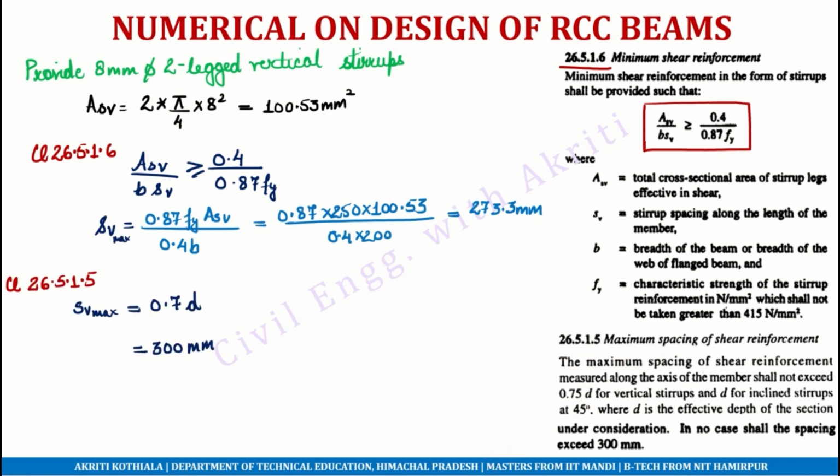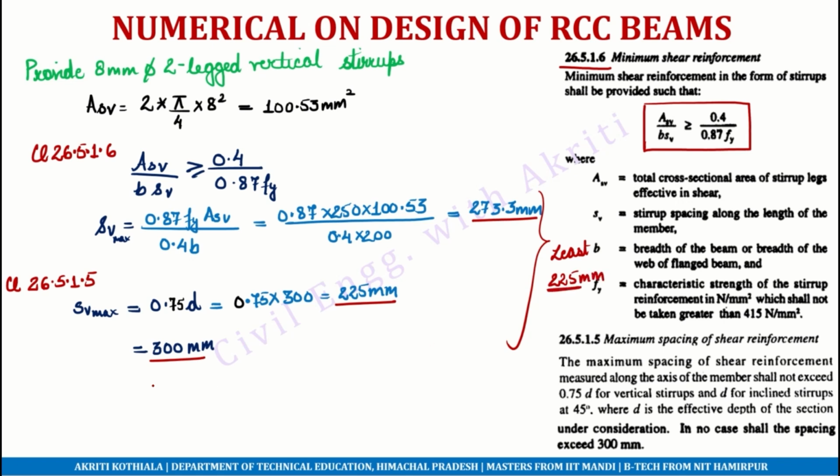However, we have to consider another clause for this maximum spacing, that is clause 26.5.1.5, which says that the maximum value of spacing can be 0.75D or 300 mm. So calculating, 225 mm and 300 mm. So now we have three values of maximum spacing for the stirrups given by these two clauses. We have to take the least value. The least of these is 225 mm. However, providing a spacing of 225 mm in the field is difficult.